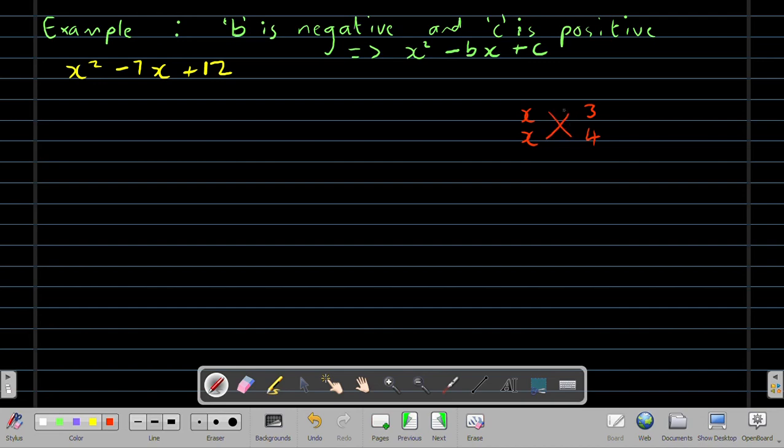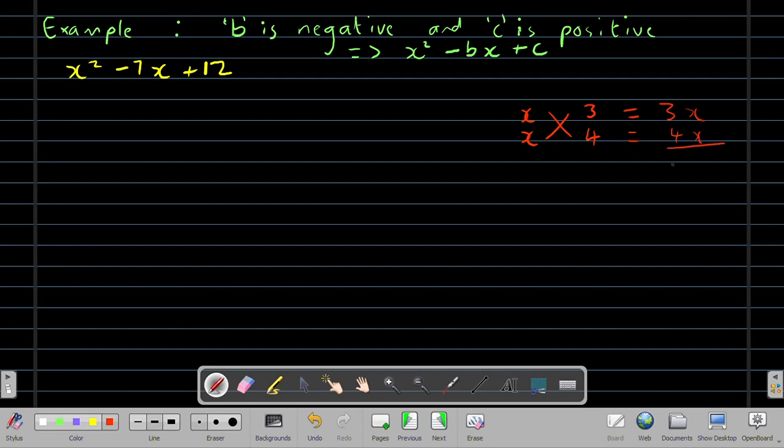So 3 and 4 are factors of 12. If we multiply 3 and 4 together, we get 12. So now we're going to multiply x and 3. We get 3x. We multiply x and 4, we get 4x.